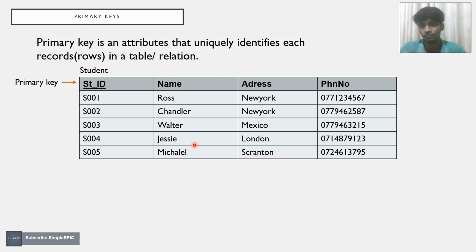So if we identified name as a primary key, then when a person with the exact same name comes, there will be a problem. Our database system will not be able to identify that person because we have already initialized name as a primary key.